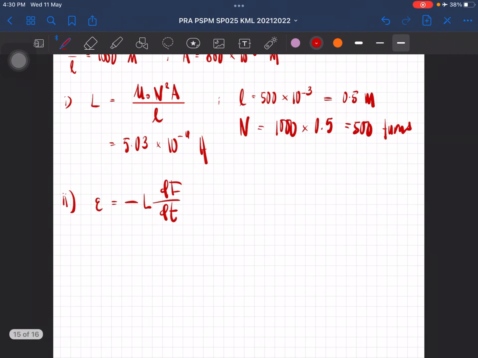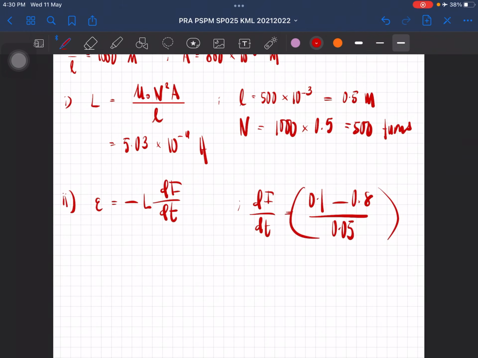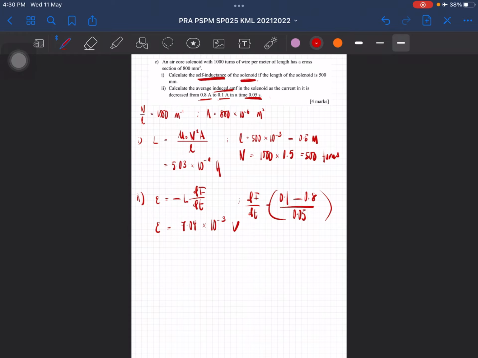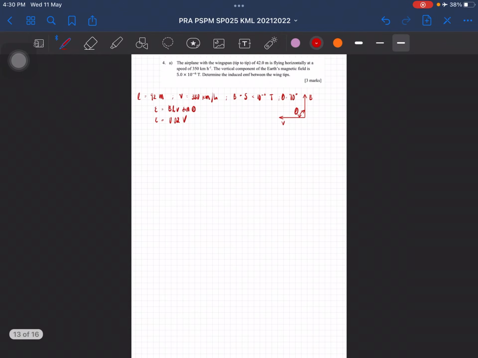Okay, so from here di over dt is the final, which is 0.1 minus the initial current, divided by the time it takes to reduce to 0.1. Okay, so L is the one that we use here. So from there you will get 7.04 times 10⁻³ volt. Alright, so that is the solution for question number 4.